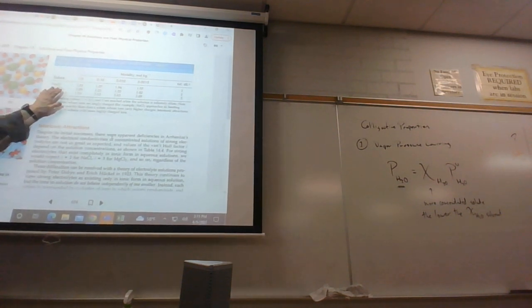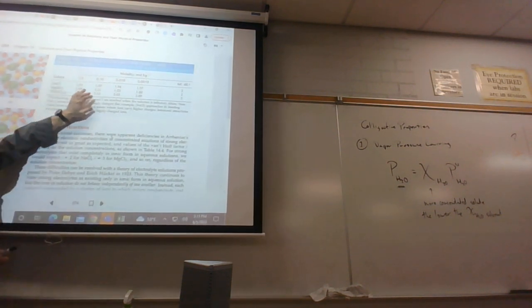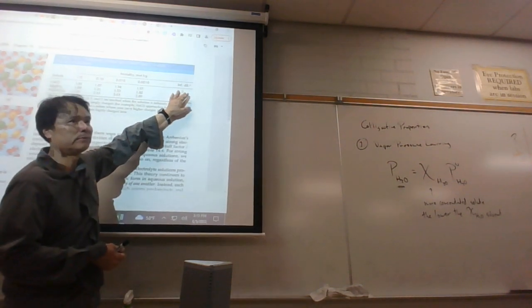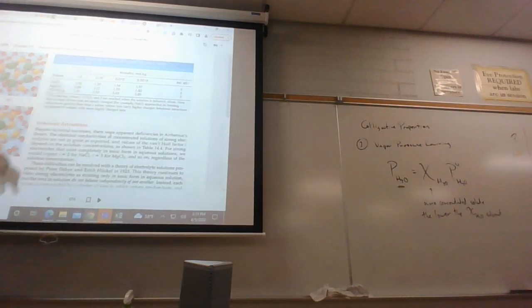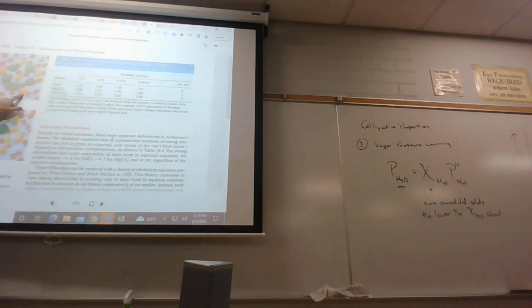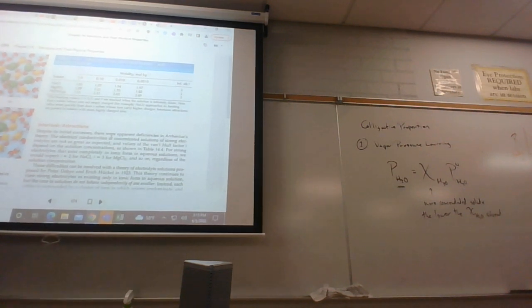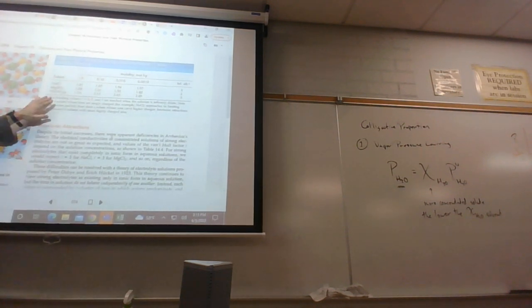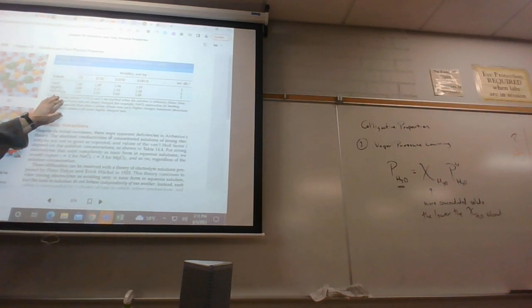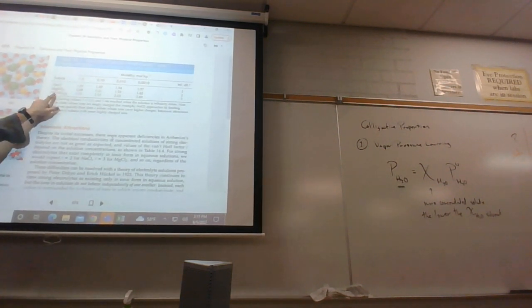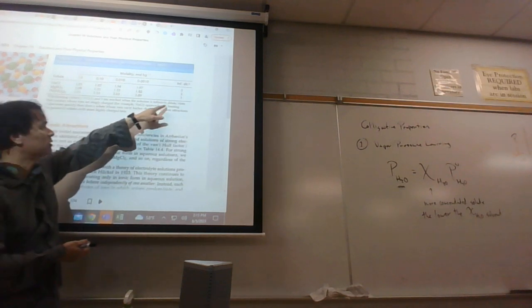If I have 1 molal sodium chloride, we'll go with molal, then I expect 2 molal particles, because each sodium chloride is going to split up into 2. That is 1 sodium and 1 chloride, 2 particles. If I had lead-2 nitrate, I expect that to split up into 3 ions. 1 lead-2 and 2 nitrates. And so you should go to 3.